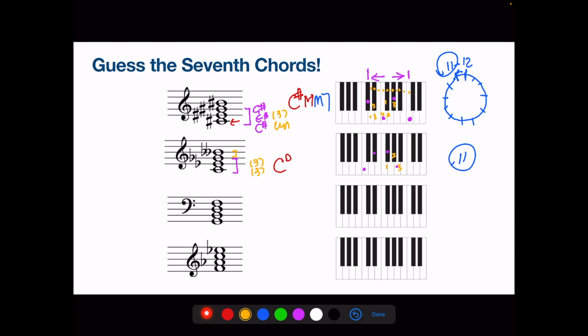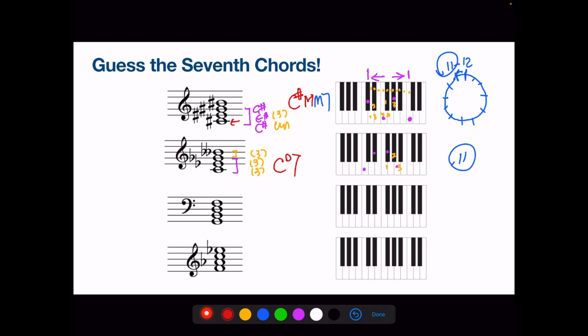So essentially we have 3, 3, 3, which means this is a fully diminished seventh chord. This is a C fully diminished 7. So instead of a B double flat, if we had a B flat, that would have been a C half diminished 7. Okay, so hopefully that's clear.